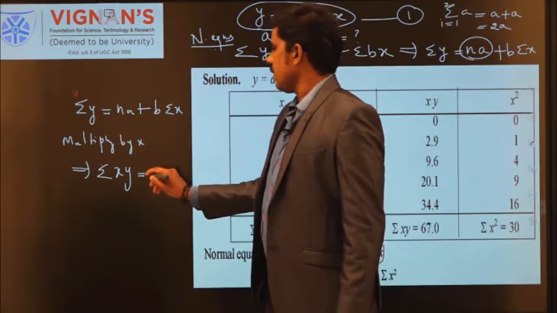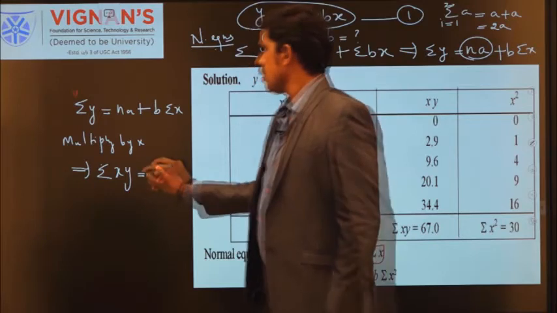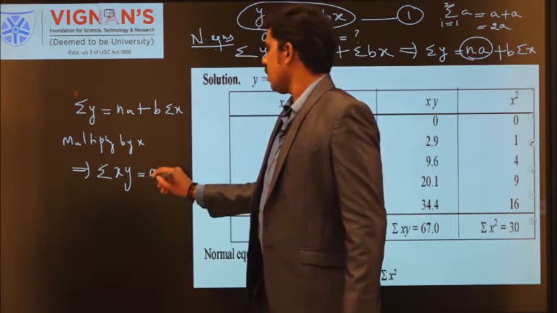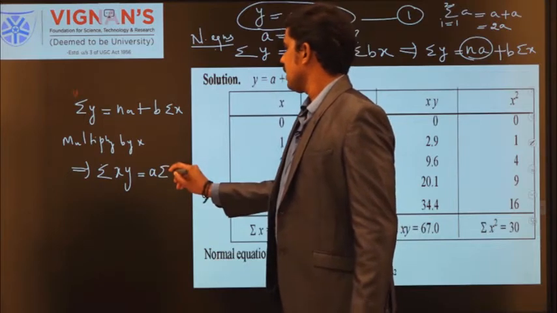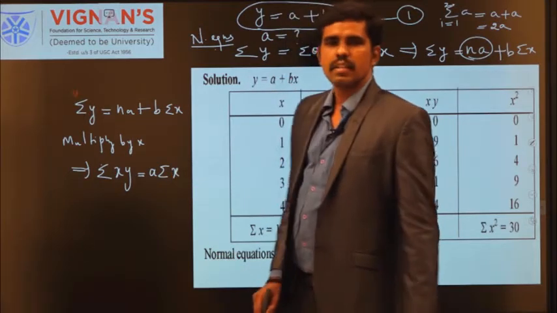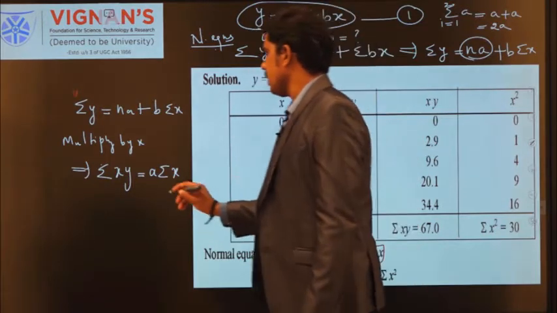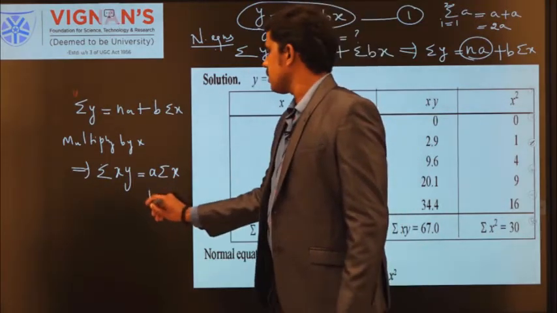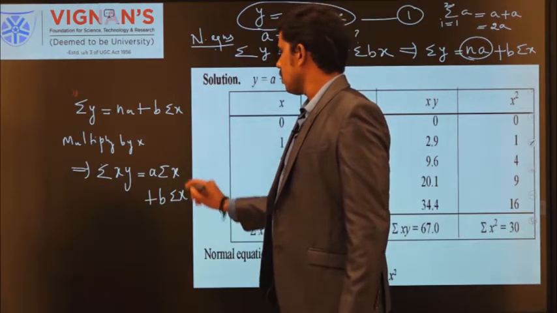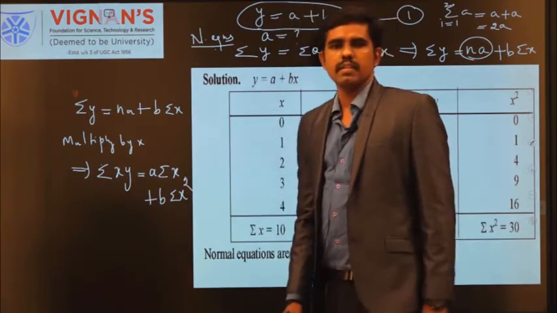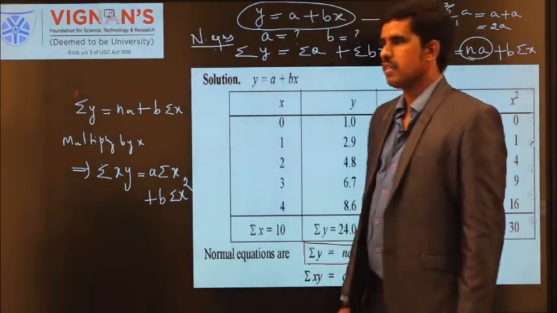And where x is involved as a variable, you have to write a outside as a constant times summation x, or you can write an x, plus b into, already x is there, so b into summation x square. So this is my second normal equation.